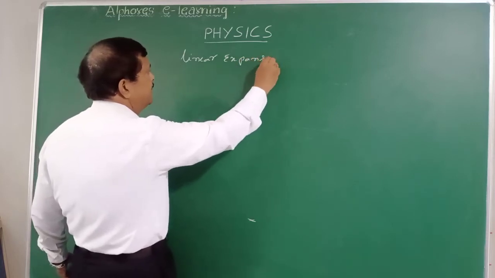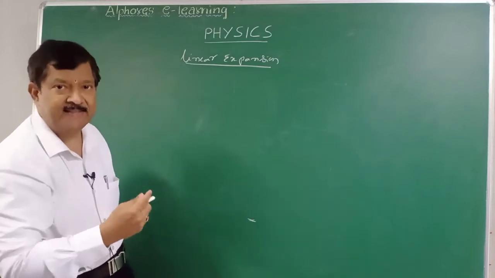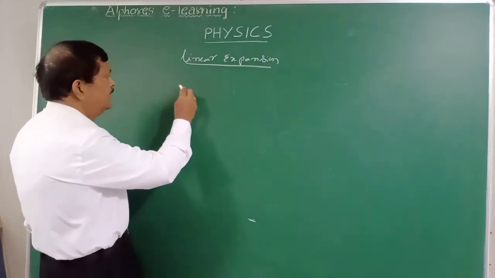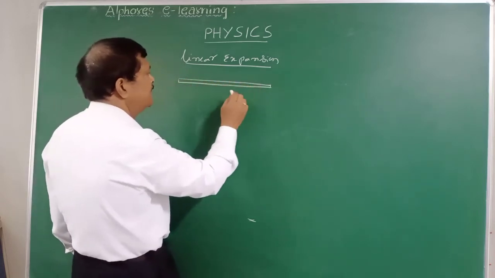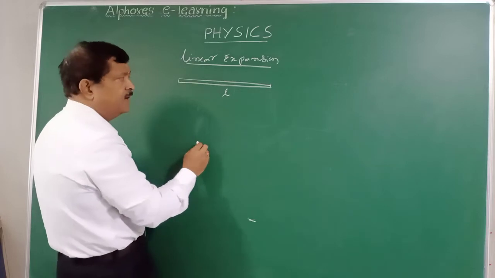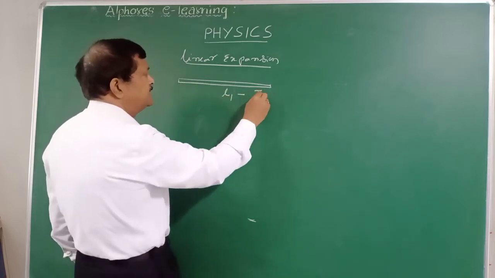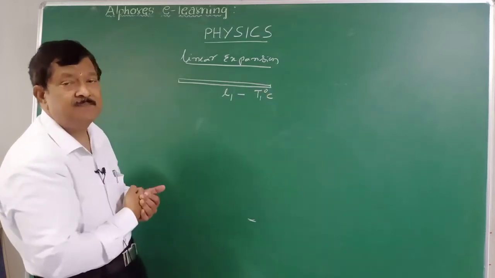Linear expansion, under this heading we are studying an expansion in length of the body. Consider a body in the form of a wire or a rod like this, whose length is L. Let us say the length is L1 at a low temperature, some temperature T1 degrees centigrade, or you can say room temperature.